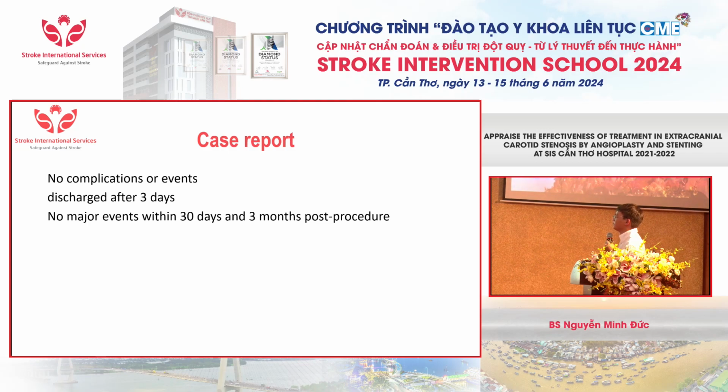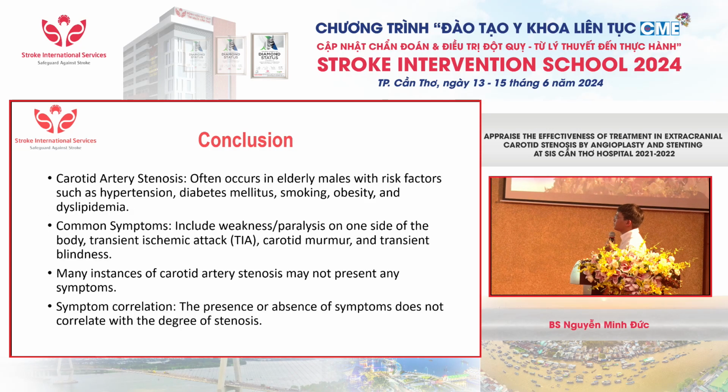In conclusion, carotid artery stenosis often occurs in elderly males with risk factors such as hypertension, diabetes, smoking, obesity, and dyslipidemia. Common symptoms include weakness or paralysis on one side of the body, TIA, carotid murmur, and transient blindness.